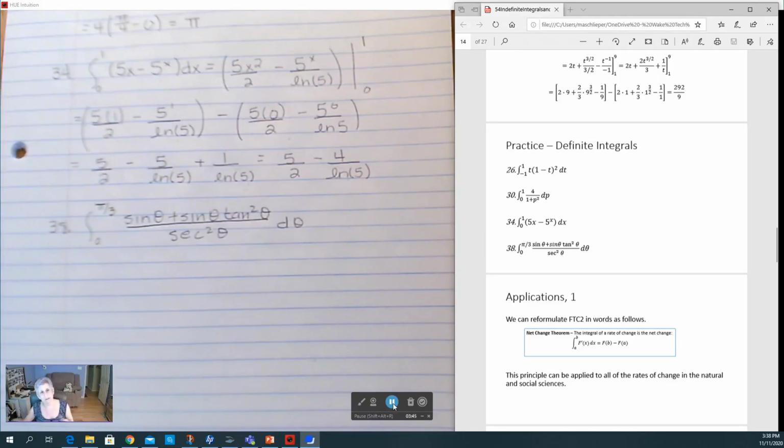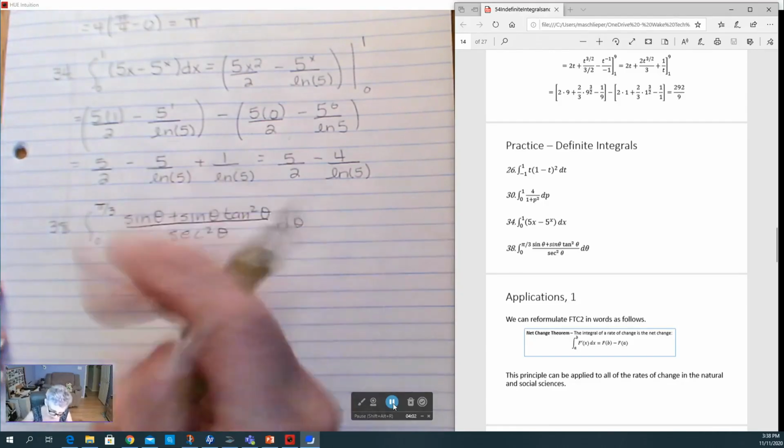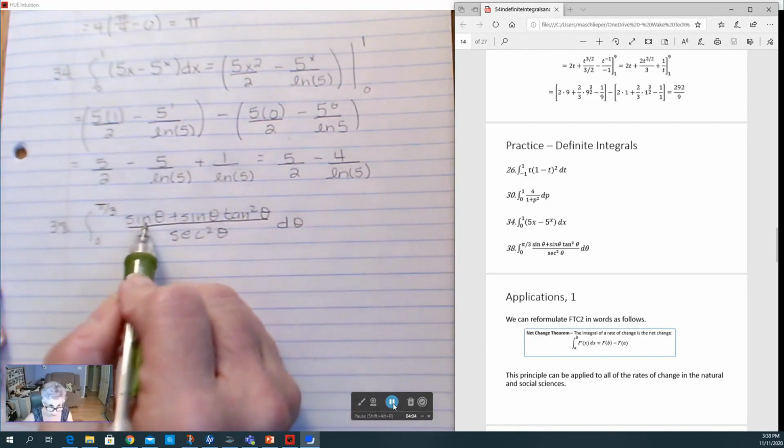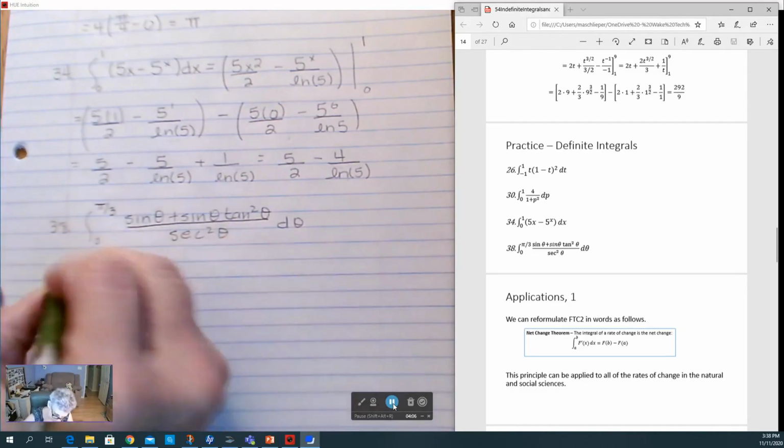So when I first looked at it, I thought, maybe I'll write tangent as sine over cosine and secant as 1 over cosine. And I started that and it started getting uglier and messier. But while I was writing it, I realized that I have a sine here and a sine here.